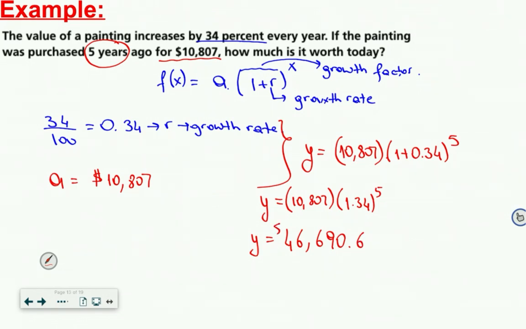So this is the value. It says, how much is it worth today? This is the amount of money which is worth today: $46,690.6.